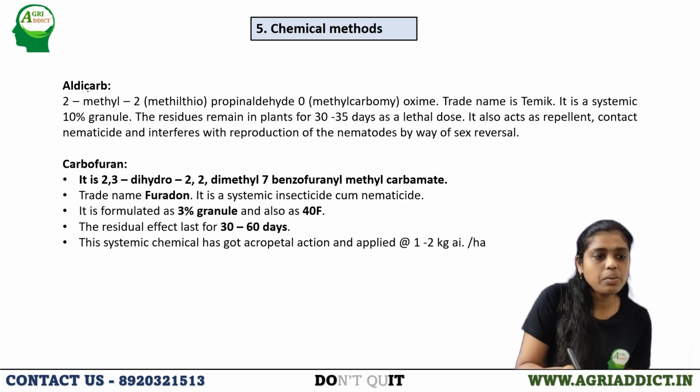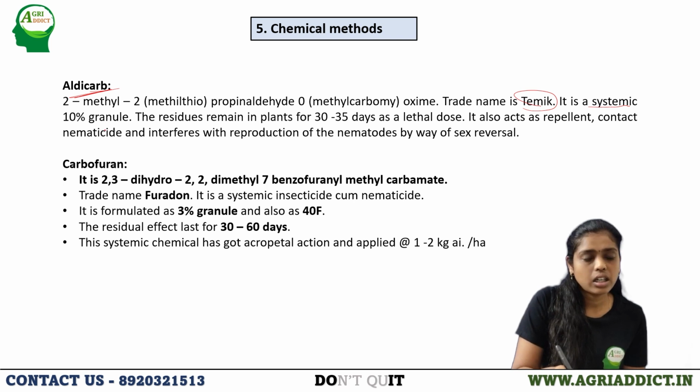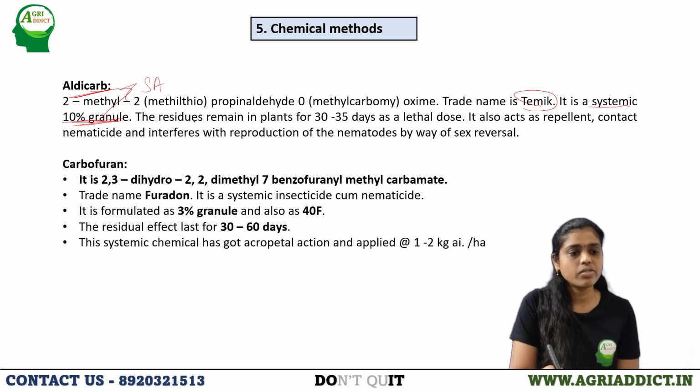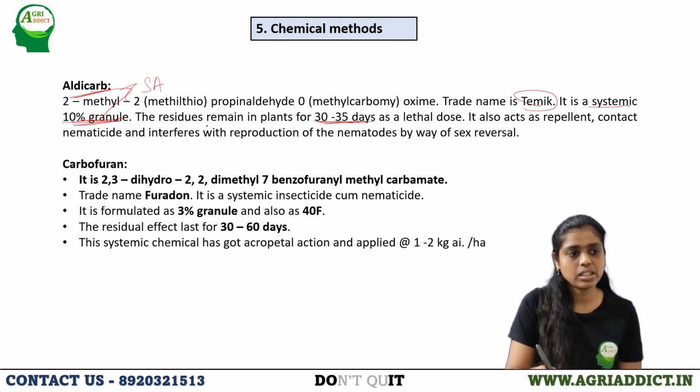Next is Aldicarb. Its trade name is Temik, and it is also systemic in nature, available as 10% granule, which can be used for soil application. The residues remaining in the plants last for about 30 to 35 days, staying in the lethal form.